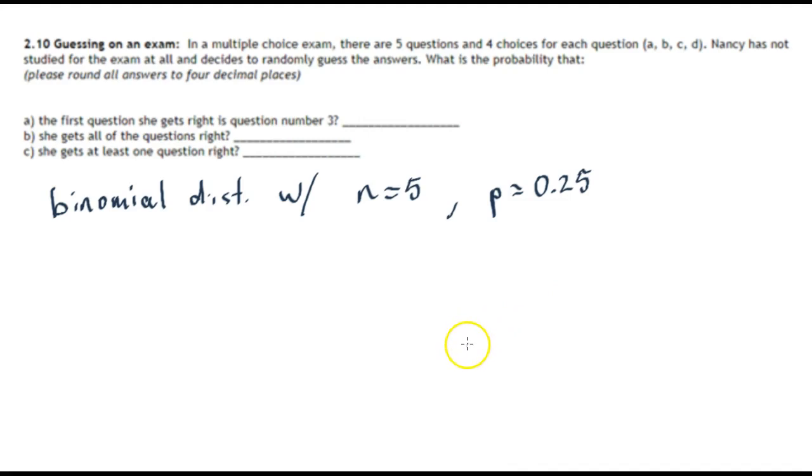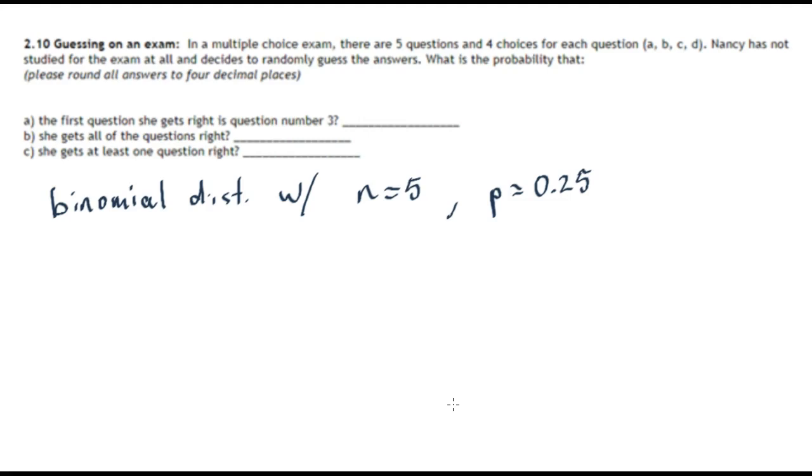Okay, so the first question is actually a little more challenging than the second and third, Part B and Part C. Part B and Part C, I'm not going to address too much. I want you to think about that on your own because they're pretty typical binomial distribution questions. What's the probability she gets all questions right? Well, what would X be?